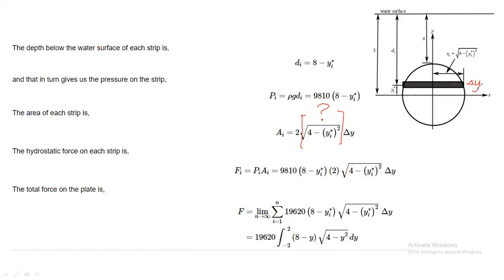So the question is, where did it come from? x squared equals 4 minus y sub I asterisk squared. Okay, someone has answered. They tried. Then, let me see.